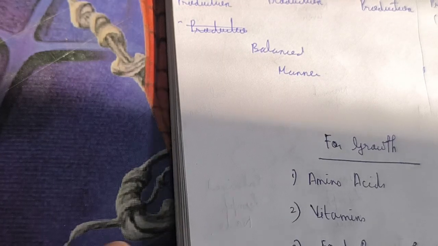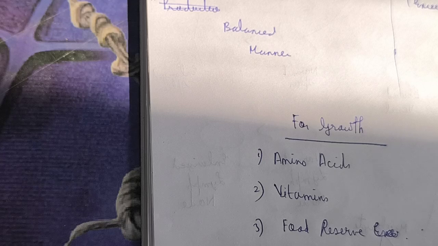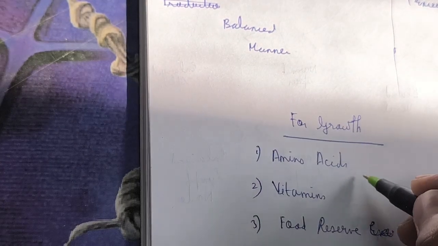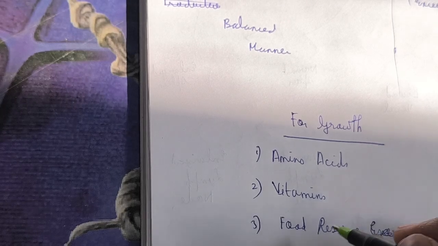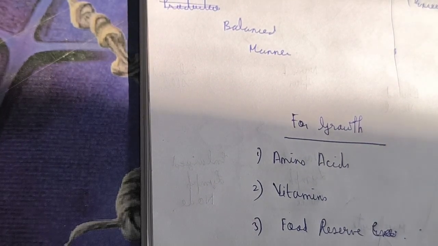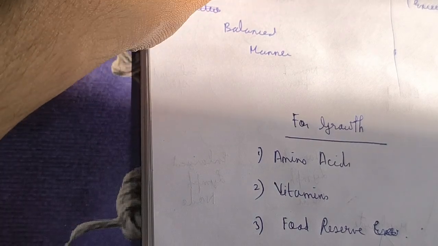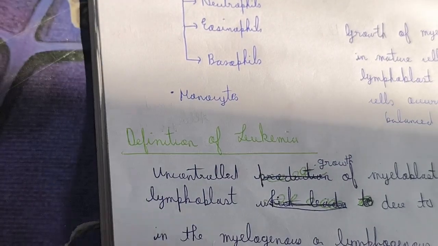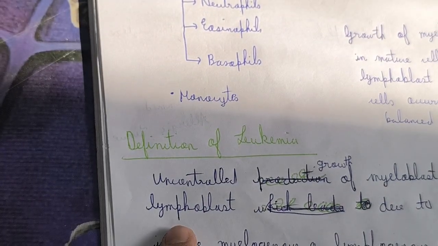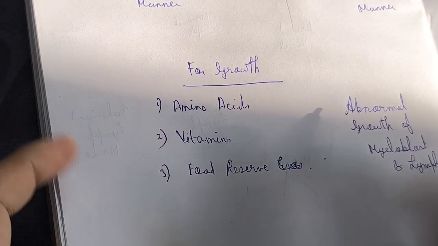I think you all know that for growth, a cell requires amino acids, proteins, vitamins, carbohydrates, and energy-rich food. In leukemia there is abnormal growth of lymphoids, of myeloblasts and lymphoblasts.